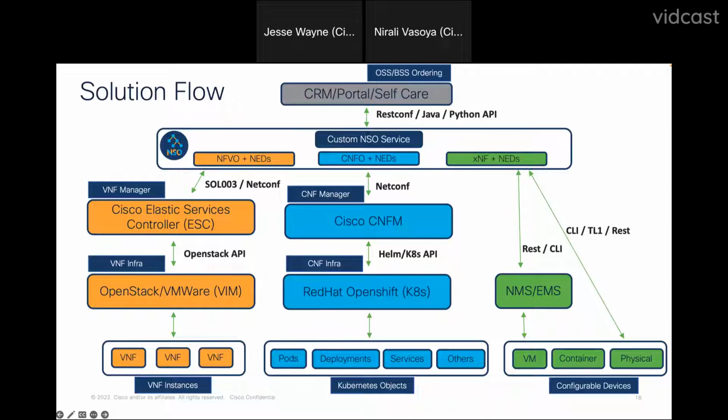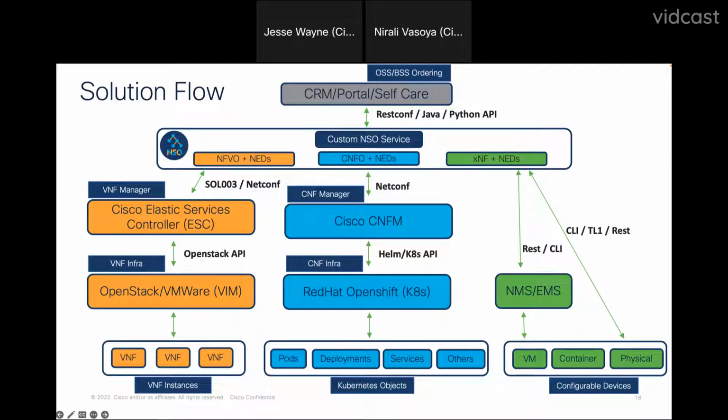Under ESC, you have your OpenStack APIs talking to any VNF infrastructure manager, which is OpenStack or VMware in this case. And then you have VNFs getting spun up on that infrastructure. Similarly, if you look at the central piece where we have CNFO and the NEDs, we have an equivalent CNF manager, which is the equivalent of your VNF manager to manage CNFs, called Cisco CNFM.